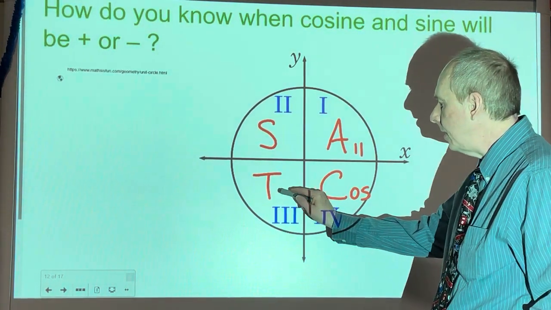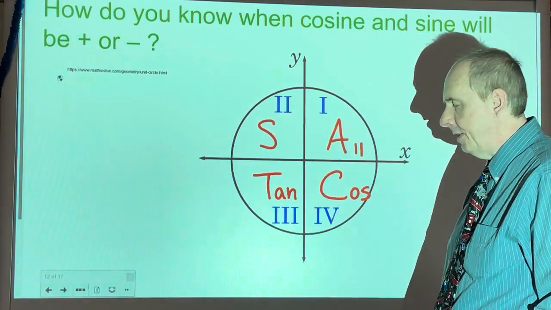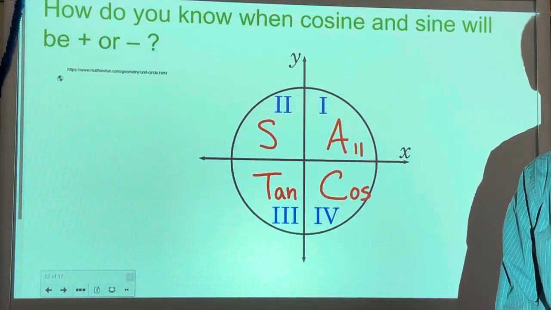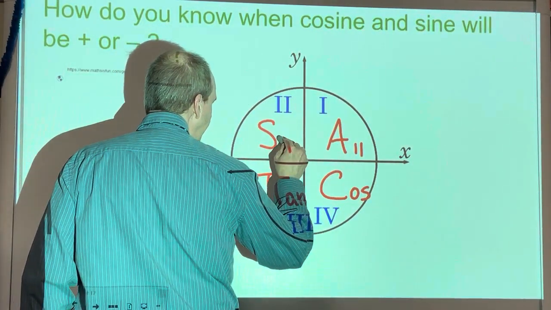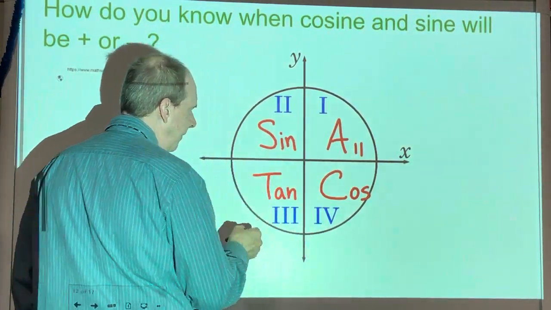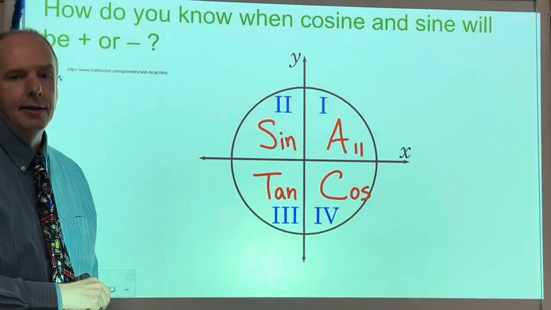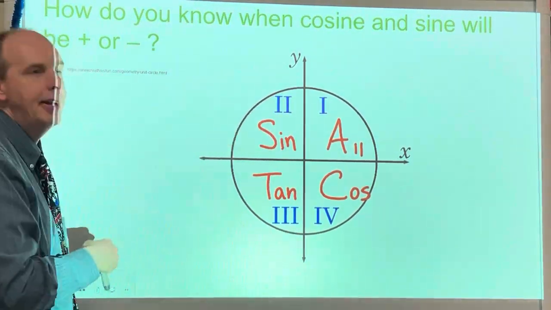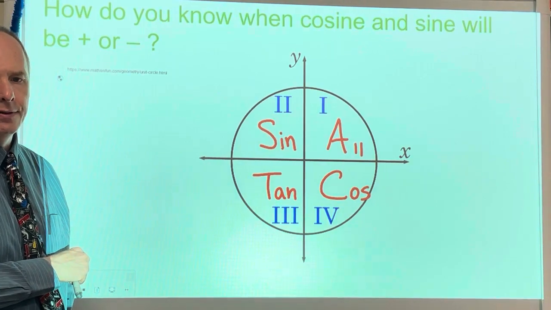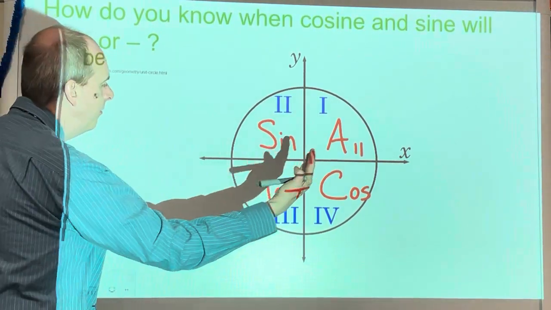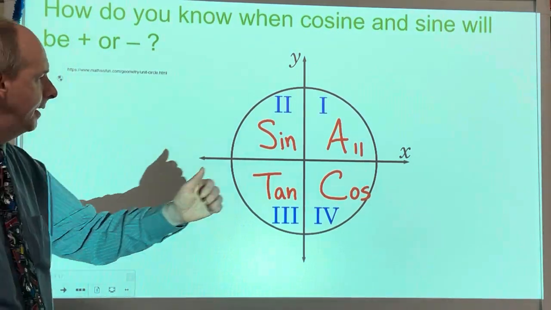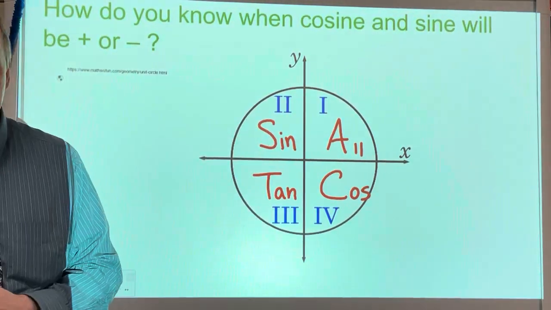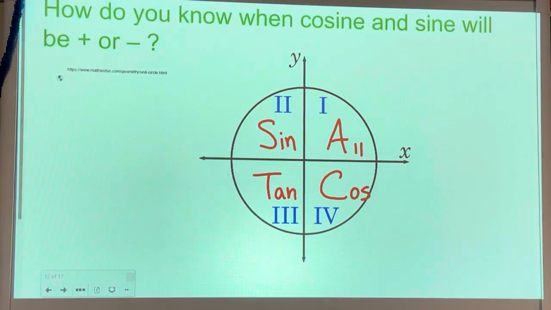In quadrant 3, only tangent's positive. That means sine and cosine are negative. In quadrant 2, only sine is positive. What does that tell you about cosine? Yeah, it's negative. What does it tell you about tangent? It's negative. So this tells you which function is positive for an angle in that quadrant. ACTs. That'll help you remember it.